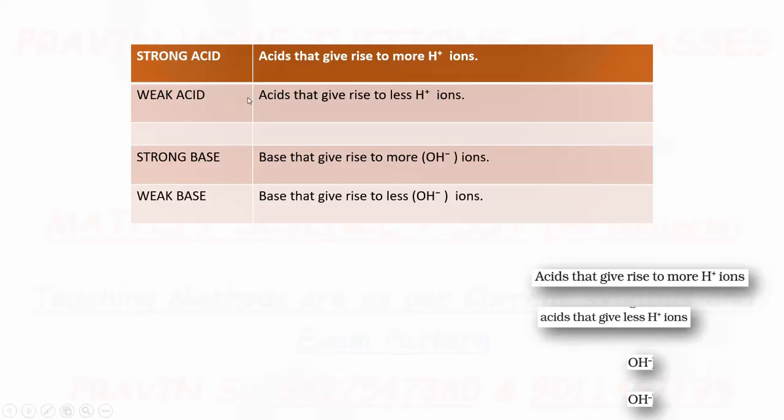Weak acid: when an acid gives rise to fewer H plus ions when dissolved in water, it is a weak acid. Strong base: a base that gives rise to more OH minus ions, OH meaning hydroxide ions, when dissolved in water. Weak base: a base that gives rise to fewer OH minus ions, that is hydroxide ions, when dissolved in water is called a weak base.